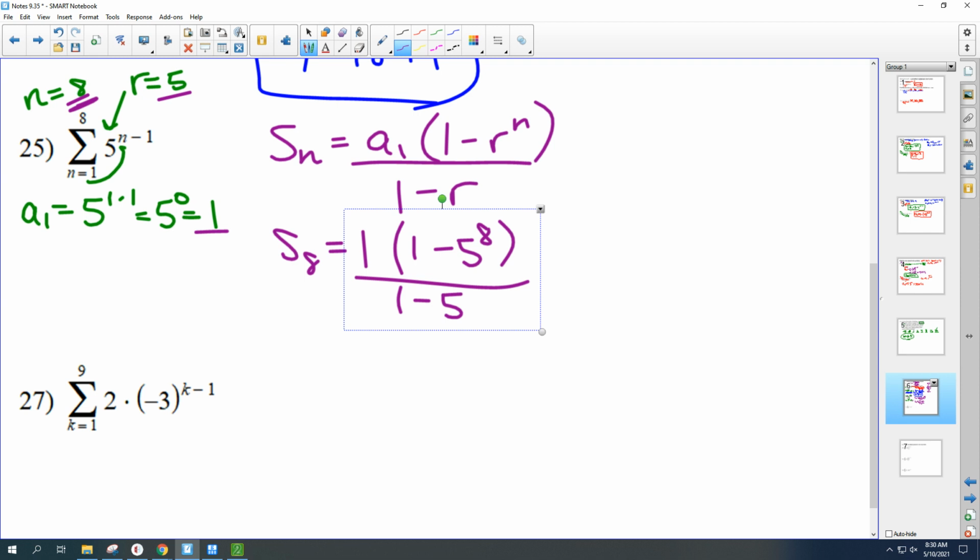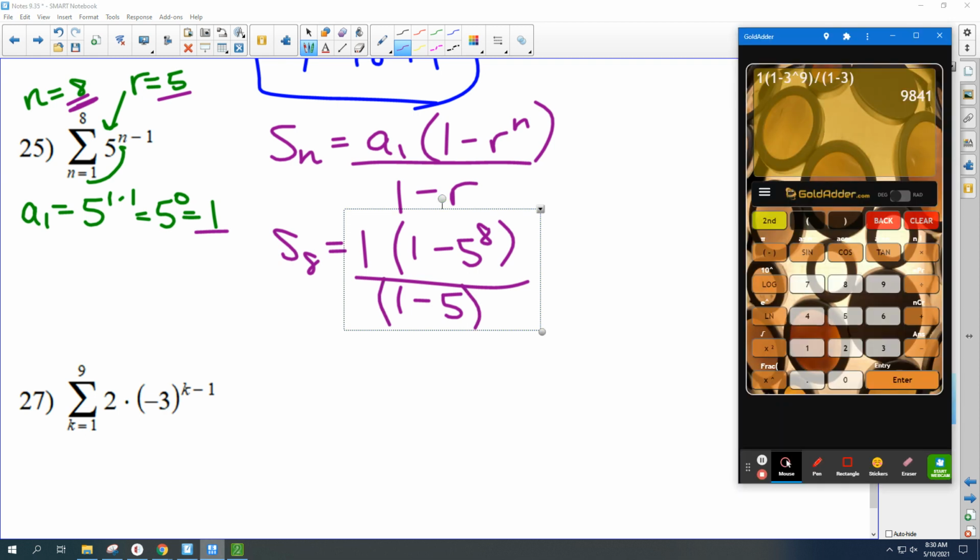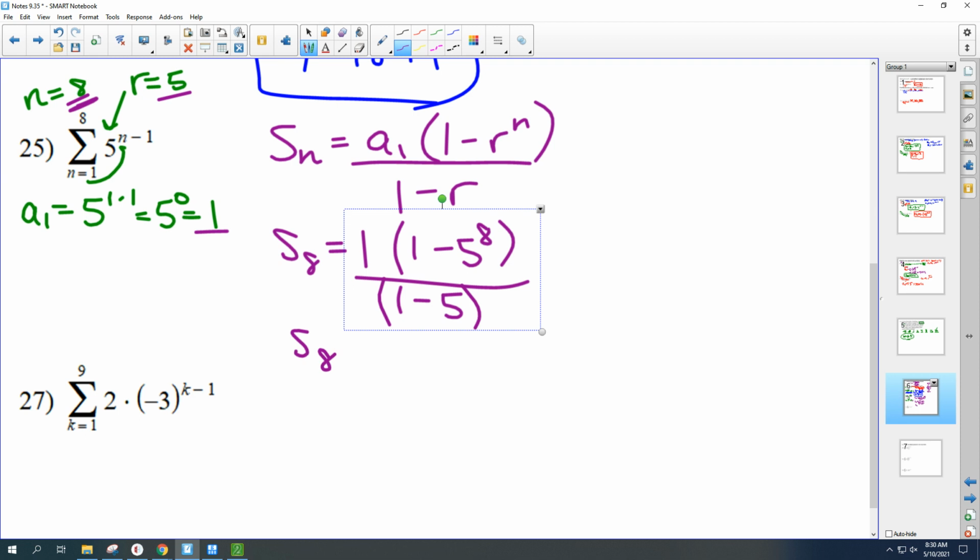So the only thing I might recommend you do without a calculator is 1 minus 5. If you plug that in on the calculator, you're definitely going to need parentheses there, so be very careful. You've got 1 times 1 minus 5 to the 8th power, close parentheses, divide by, open parentheses, 1 minus 5, or negative 4 if you like. That's 97,656. The sum of the first 8 terms is 97,656.